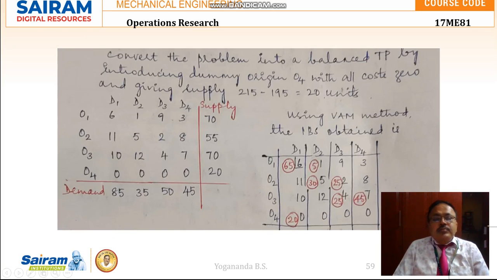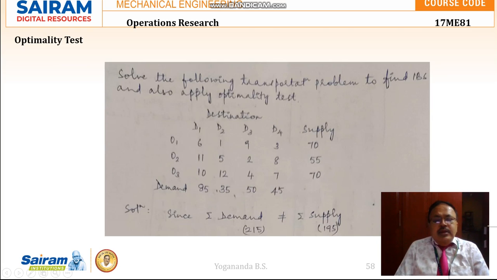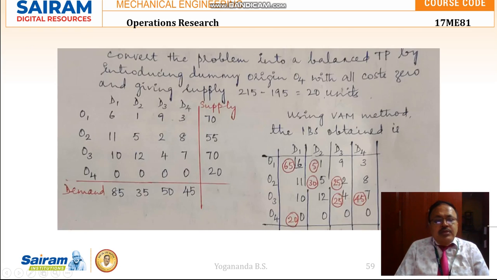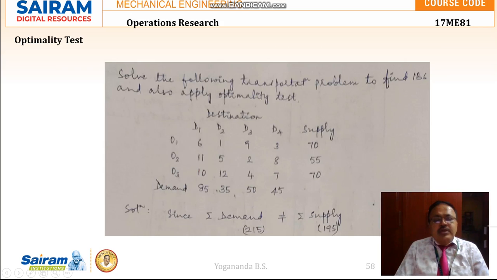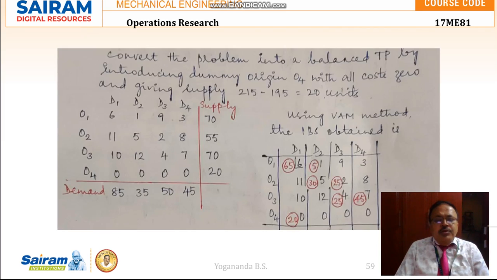So convert the problem into a balanced TP, that is transportation problem, by adding a dummy row here. That is O4, because we have 4 columns but 3 rows. So we make the fourth row, a dummy row with all the costs 0.